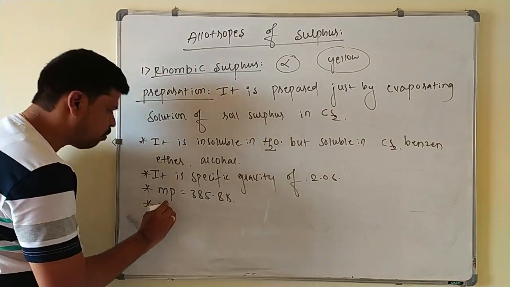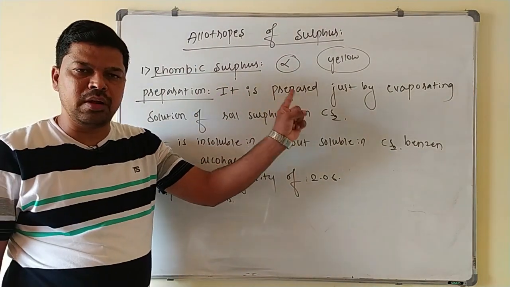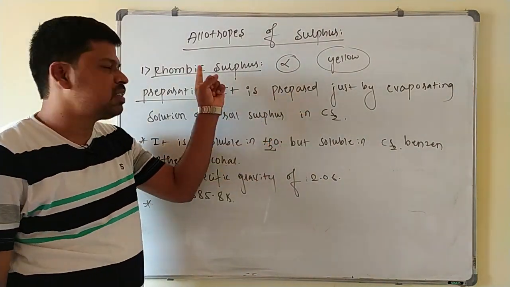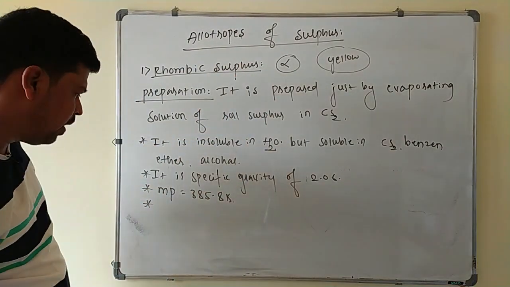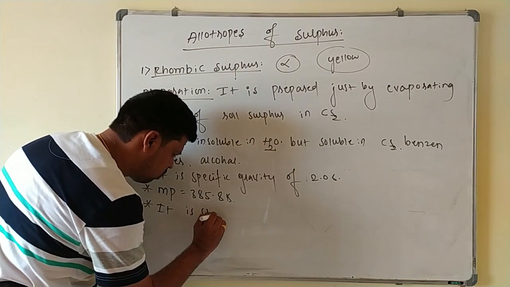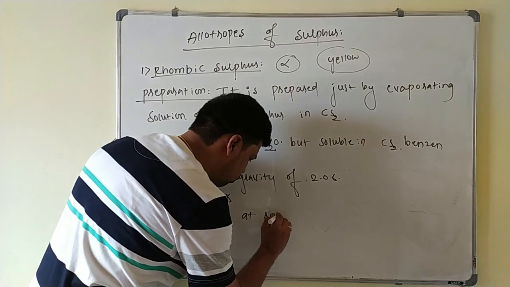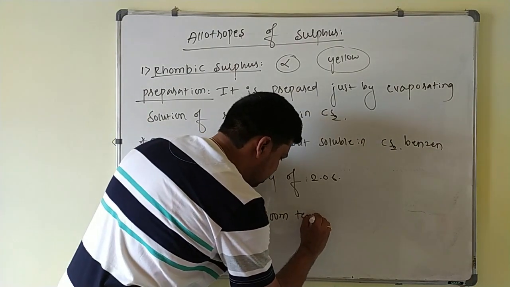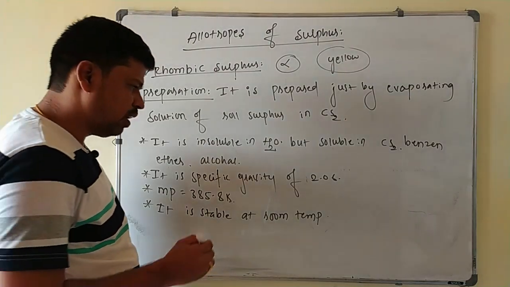The most important point about rhombic sulfur is it is stable at room temperature. If you compare rhombic sulfur and monoclinic sulfur, rhombic sulfur is stable at room temperature. So below 369 Kelvin it is usually stable.